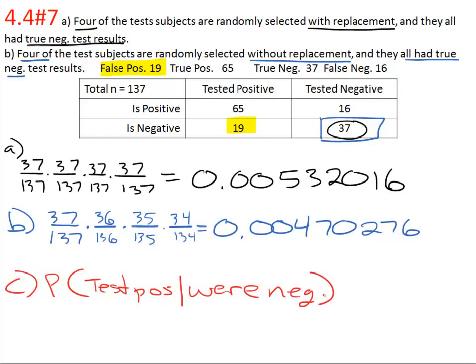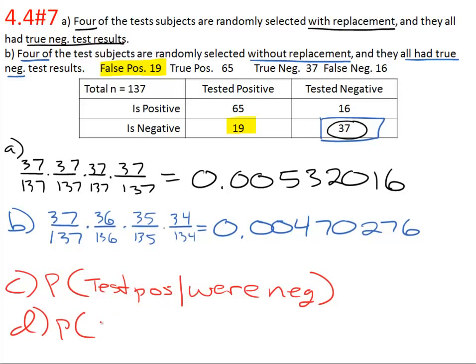So it's the idea of what's the probability of getting a false positive, given that we know that you're negative. It's a different question than just saying what's the probability, and we'll do both of those. We'll do this one first.